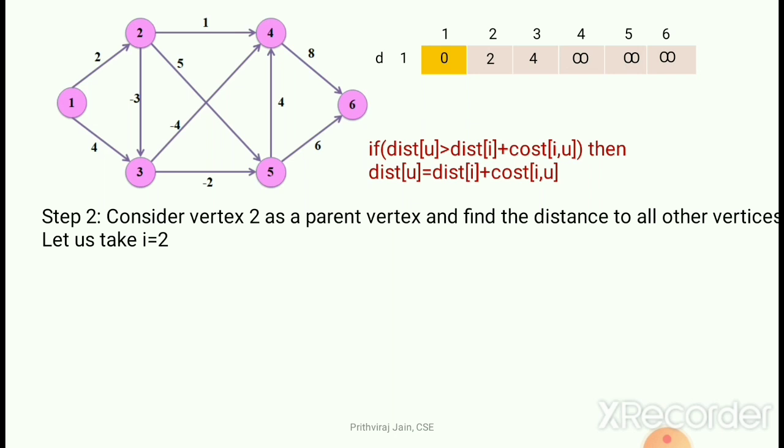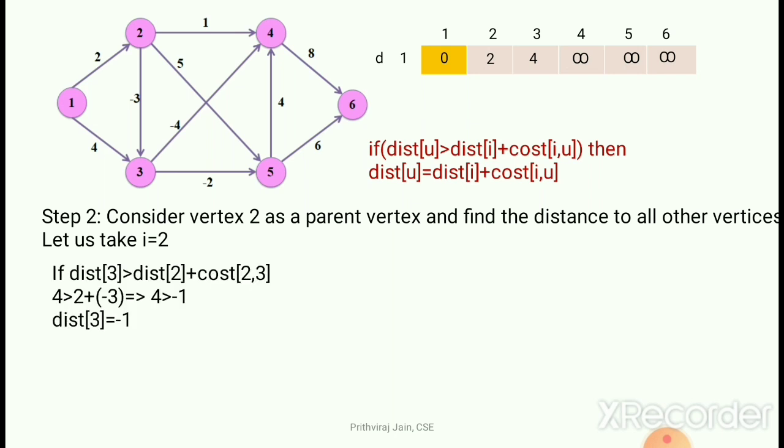Let us take I equal to 2 and apply the same formula once again. Now we are calculating from 2 to 3, 2 to 4, 2 to 5, and 2 to 6. Initially let us take u as 3, because we are calculating from 2 to 3.